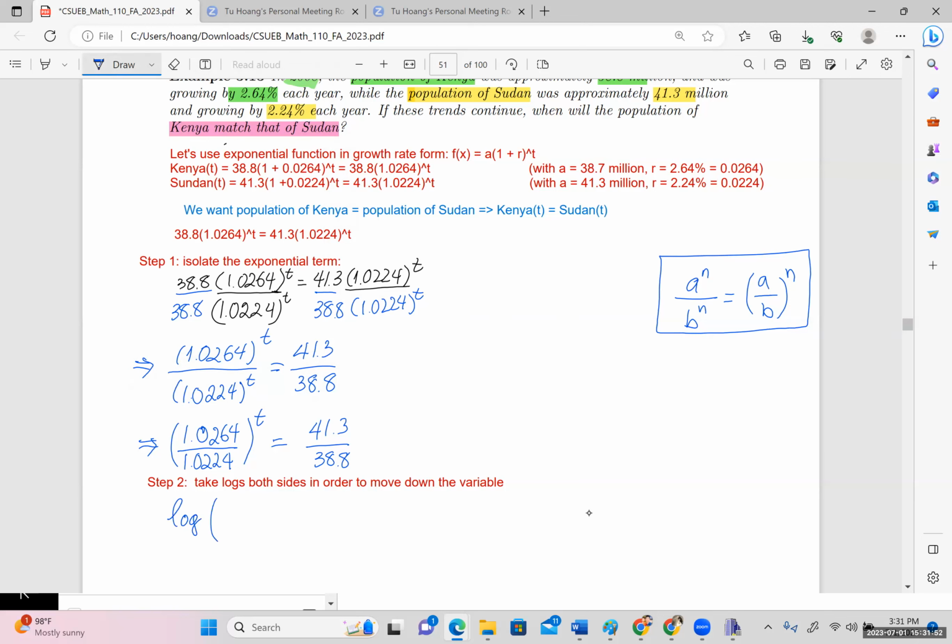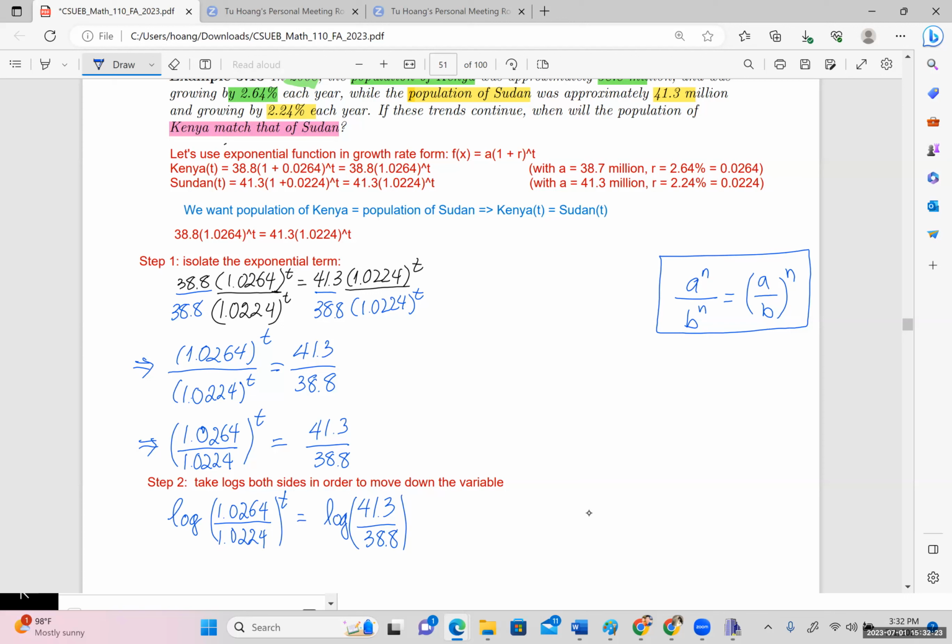Log of 1.0264 over 1.0224 raised to t will be equal to log of 41.3 over 38.8. If someone asks me, can I use natural logs instead of logs?